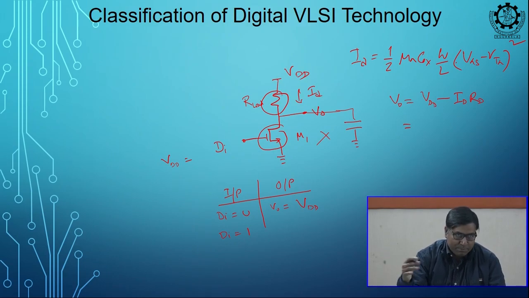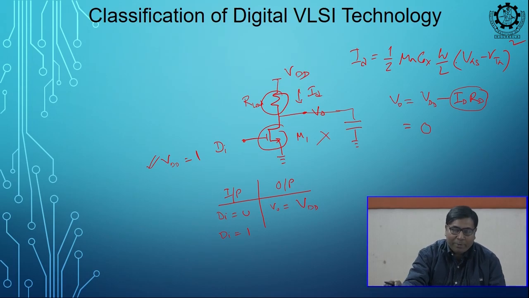Roughly speaking, if the input is close to VDD, logic 1, this current will be large. This is designed for digital applications, so the value of R will be chosen such that ID RD will be close to VDD.